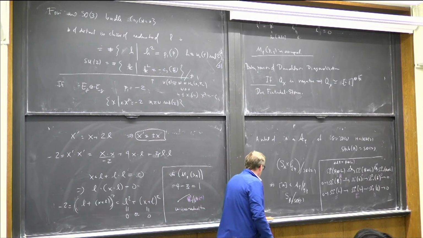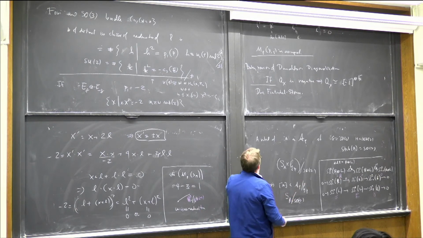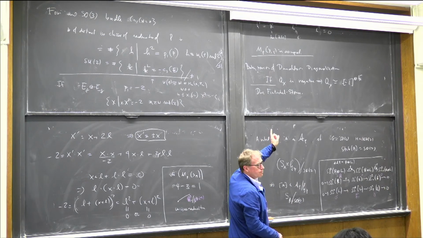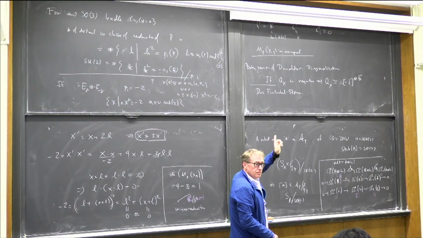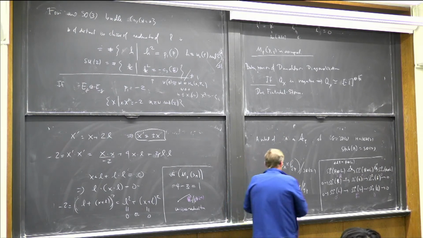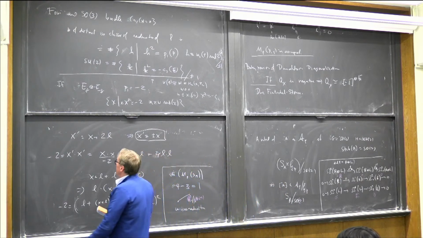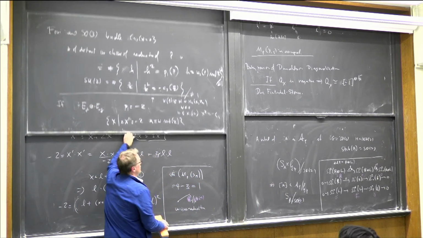So maybe in 2 minutes, let me explain very vaguely Donaldson's proof of the diagonalization theorem. Donaldson's proof is much more clever and difficult.